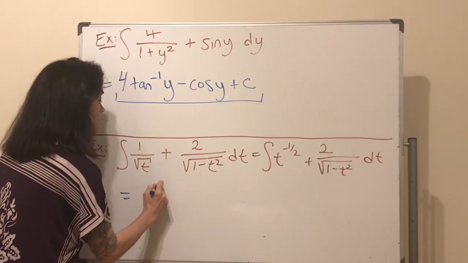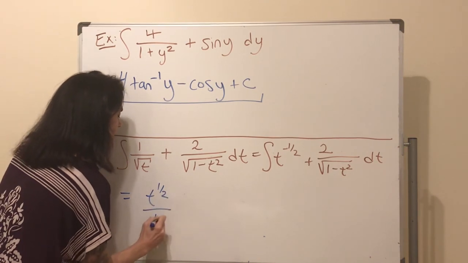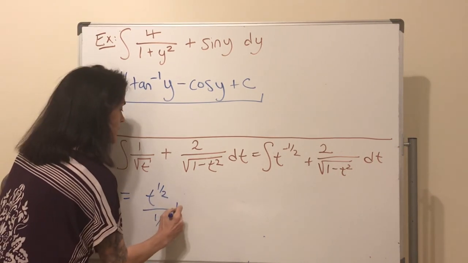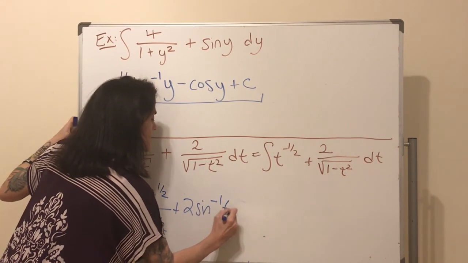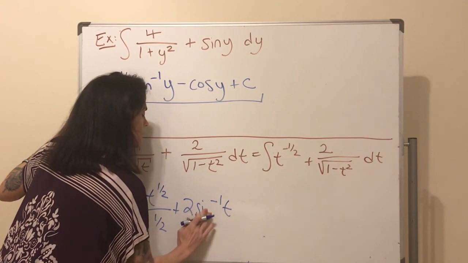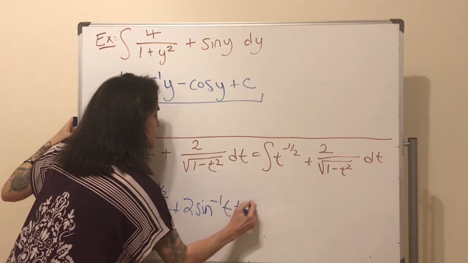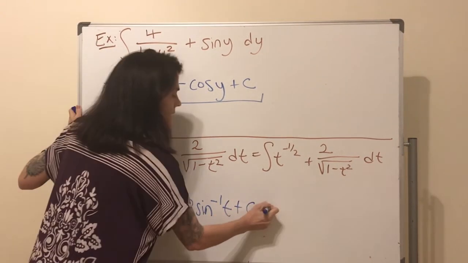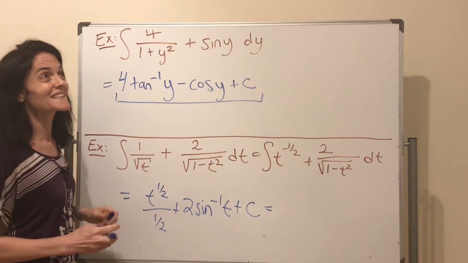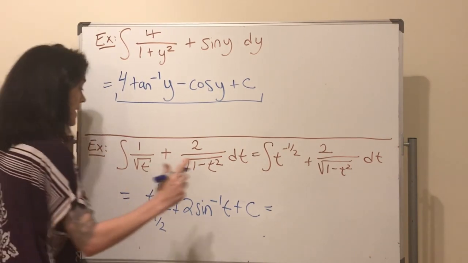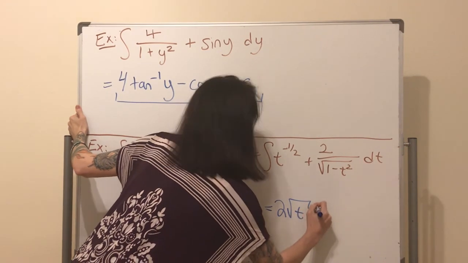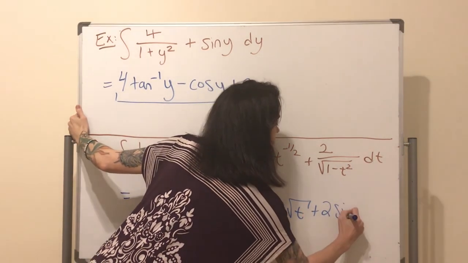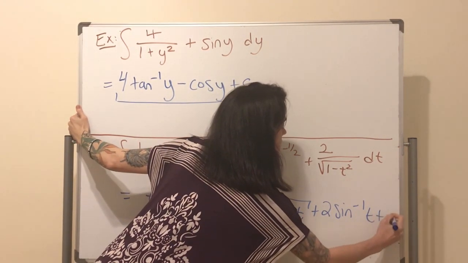We add a power, divide by the higher power, and then we have plus 2 sine inverse of t plus c. And then finally, I would not personally leave a fraction in the denominator. You can write this as 2 square root t plus 2 sine inverse t plus c.